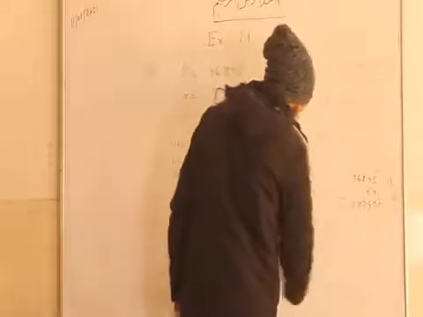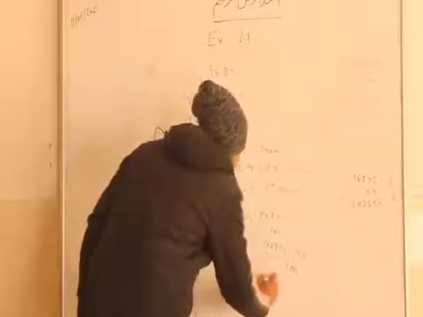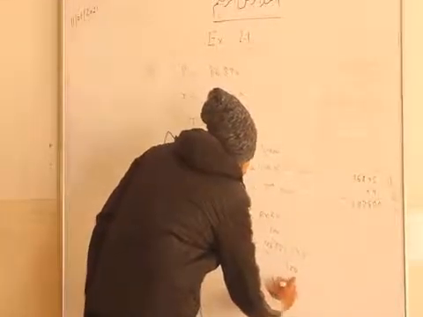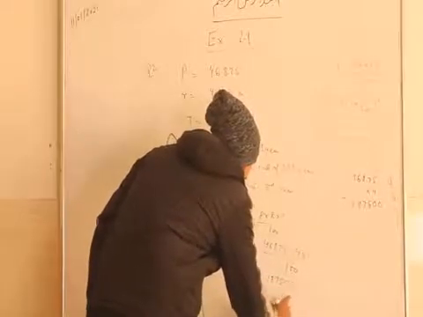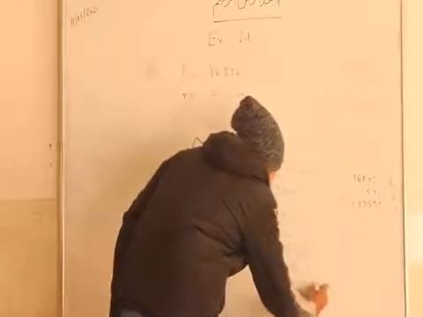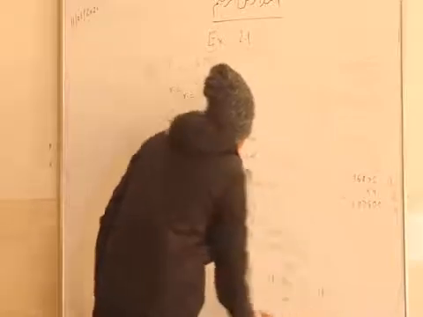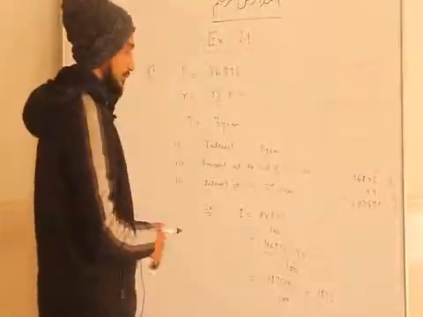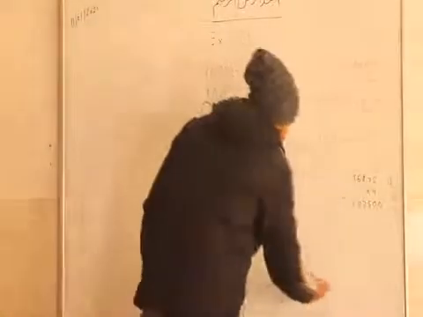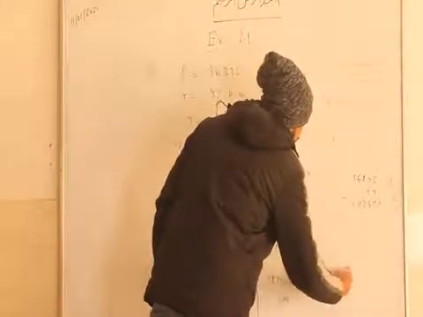So we can divide this by 100. 187500 divided by 100. So these two zeros will cancel out. So 1875. This is the interest for the first year. So this is the answer of the first part.